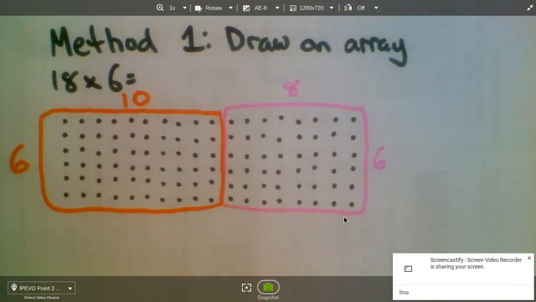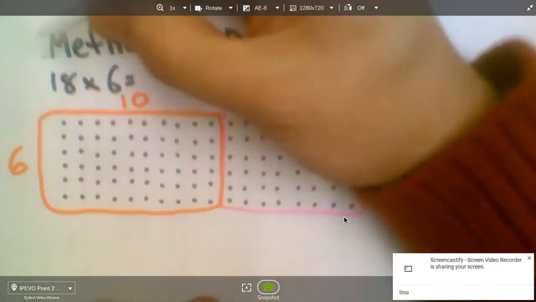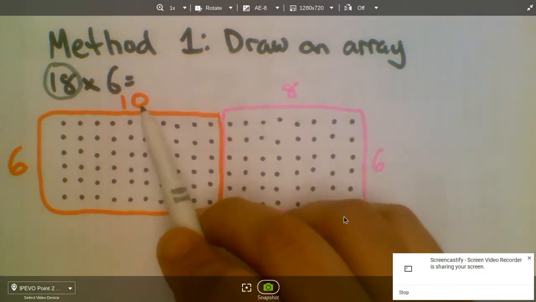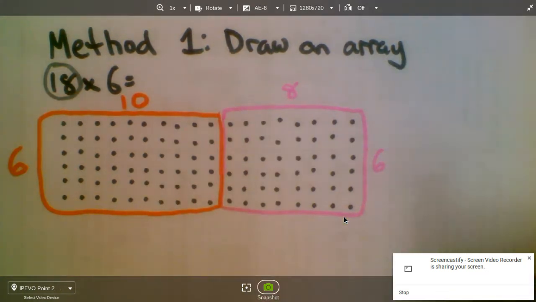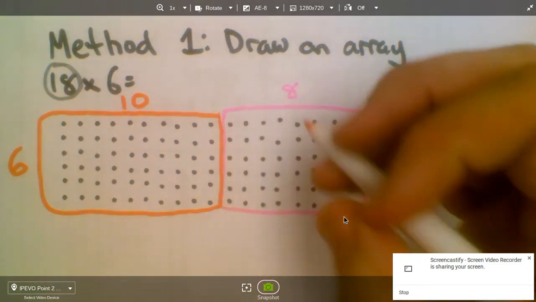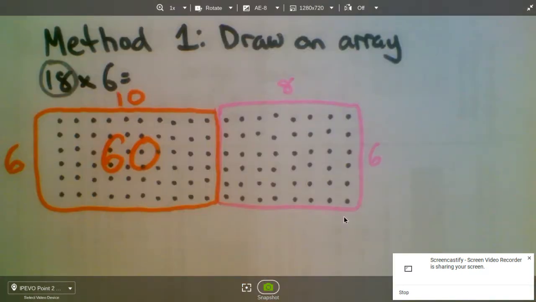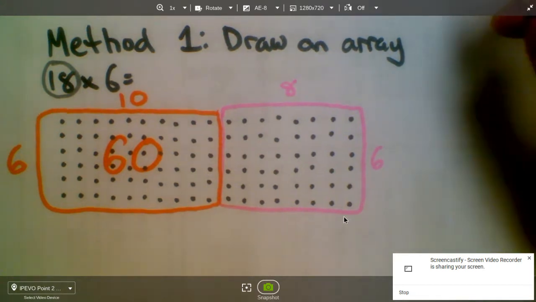And the reason why that's helpful for a student is they're able to look and say, okay, I took 18 and I broke that up into expanded form, 10 plus 8. I decomposed that. Well, 10 times 6, we know we can multiply that pretty easily. 10 times 6 equals 60. And 6 times 8, they may have to refer to a multiplication chart if they don't have their facts yet.